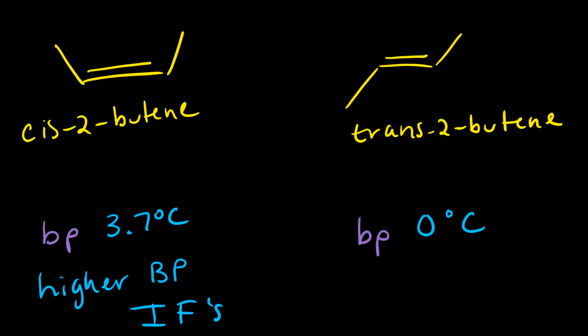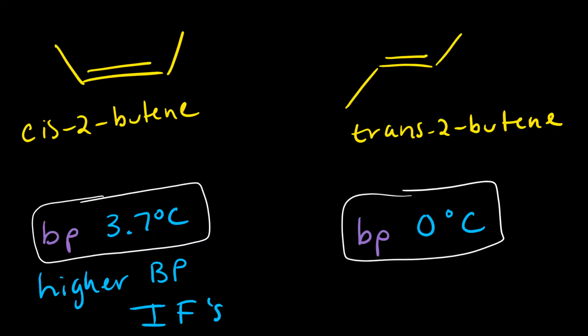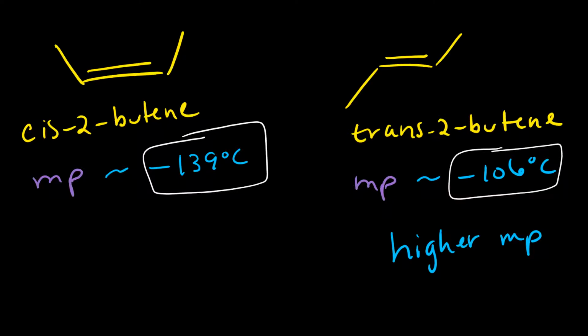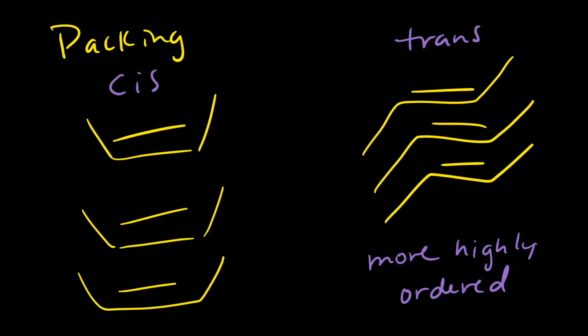For example, you can see that cis-2-butene boils at 3.7 degrees, while the trans boils at 0 degrees. However, when you look at the melting points, the cis-2-butene is at -139, while the trans is at -106. So this time the trans actually has the higher melting point. And the reason for that is because of the packing.